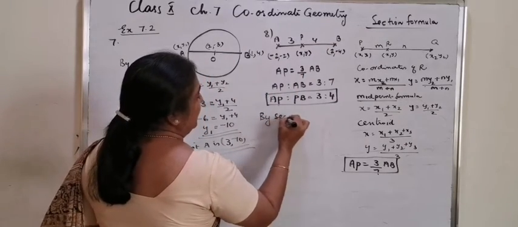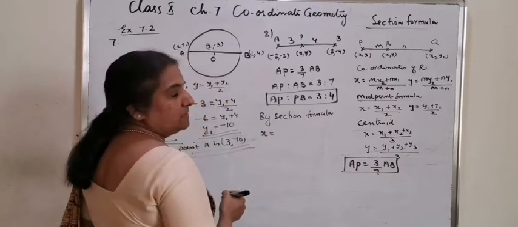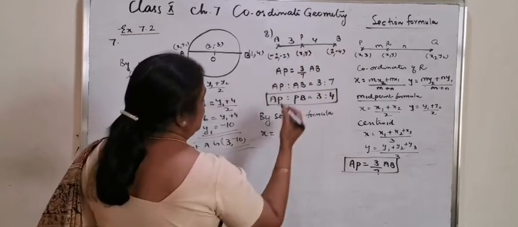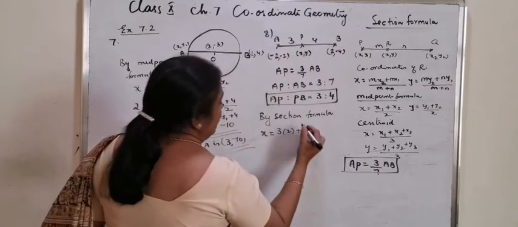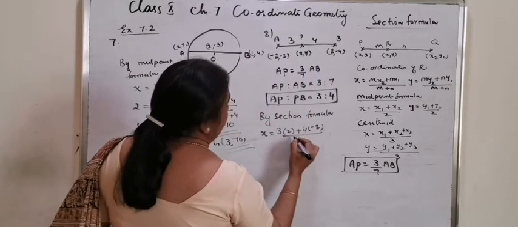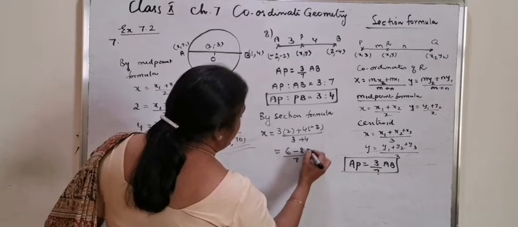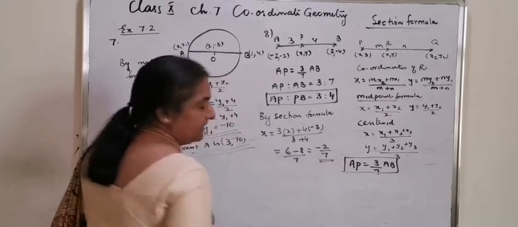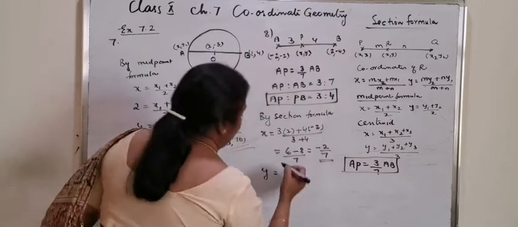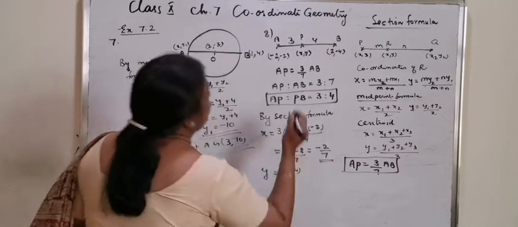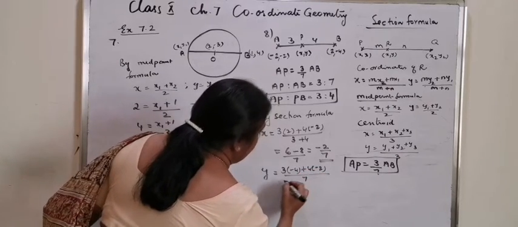By the section formula, x is equal to (3 into 2 plus 4 into minus 2) divided by (3 plus 4), that is (6 minus 8)/7 or minus 2/7, and the y coordinate is (3 into minus 4 plus 4 into minus 2) divided by 7.